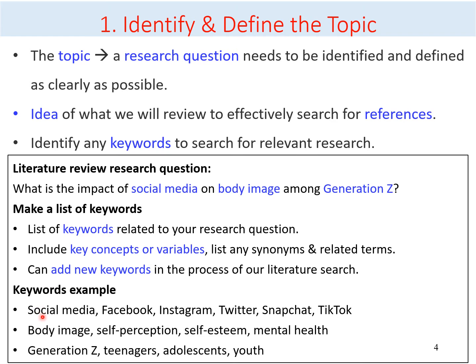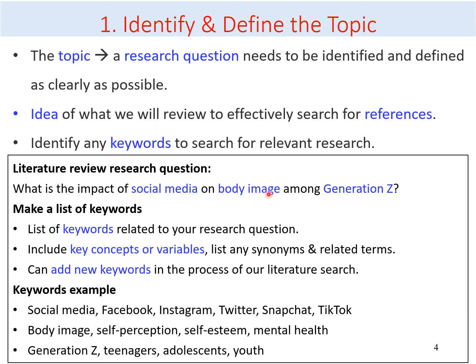For example, social media is one of the keywords for this research question, and social media can be classified into Facebook, Instagram, Twitter, Snapchat, and TikTok, so they can be used as keywords for our search.